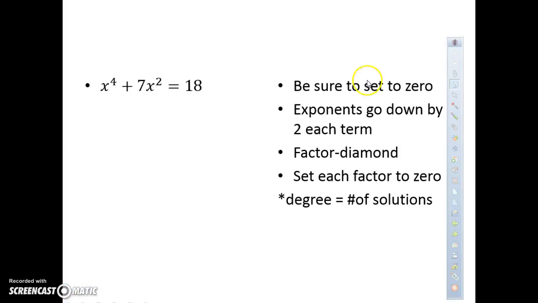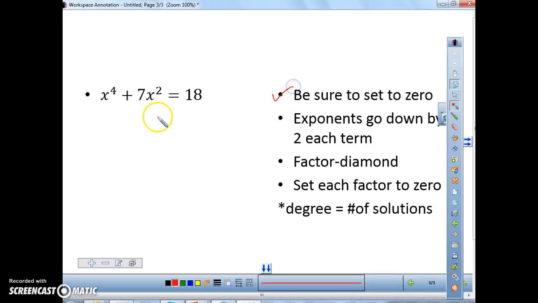We do have to first make sure that it equals 0. I think that's what you were saying. So what do we have to do? Okay. So we're going to minus 18. All right.